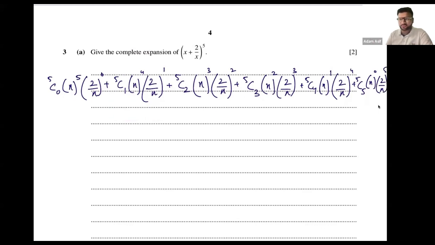Now simplify all these terms down. The first term is going to be x to the power of 5, plus 5C1 is this.